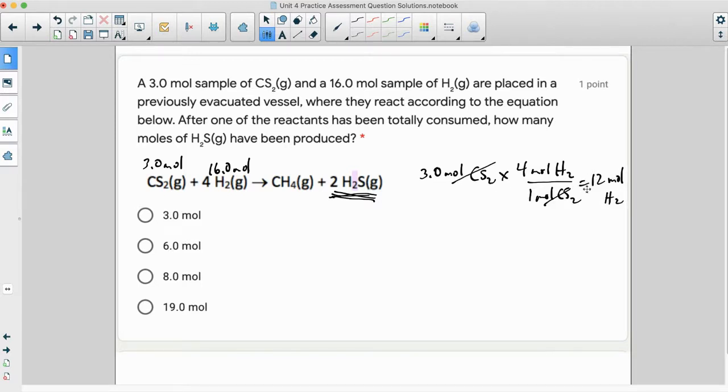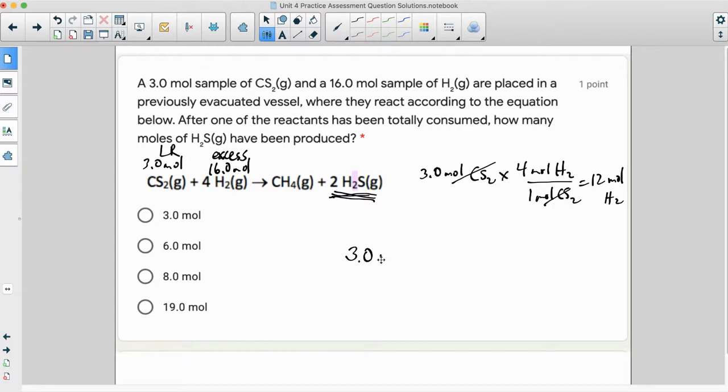So that means that I would need 12 moles to react all of the 3 moles of CS2 away. We have many more moles than 12 here, so this is my excess, and this is my limiting reagent. Okay, so I know that this is my limiting reagent, so I'm going to base my moles of H2S off of that.